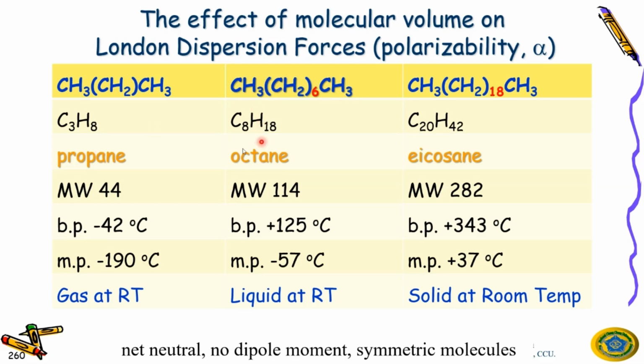Octane is gasoline, when you need your engine on, or your jet engine. So polarizability is related to the size of the molecule, and also to the number of electrons.